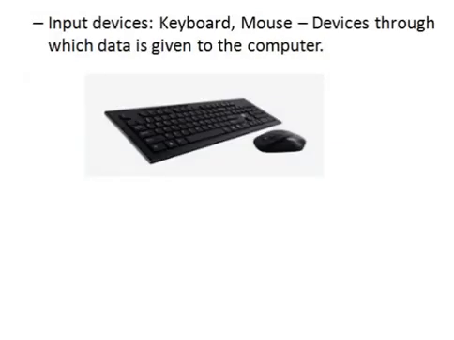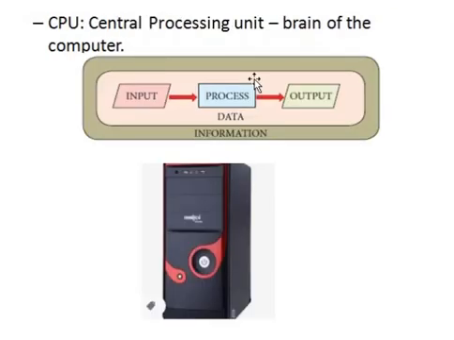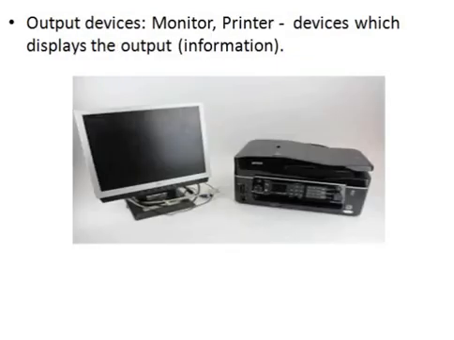Then we discussed input devices: the devices through which data is given to the computer are called input devices, for example keyboard and mouse. Then the CPU, the central processing unit, called the brain of the computer, which processes the data and gives the output.